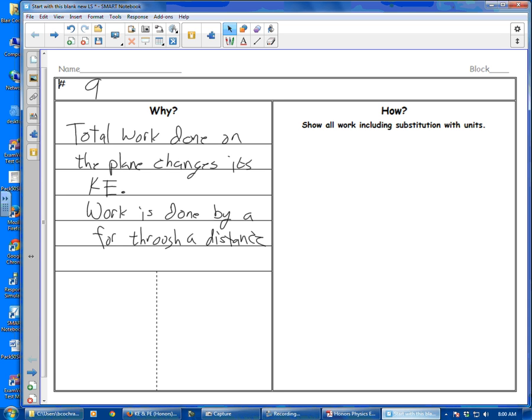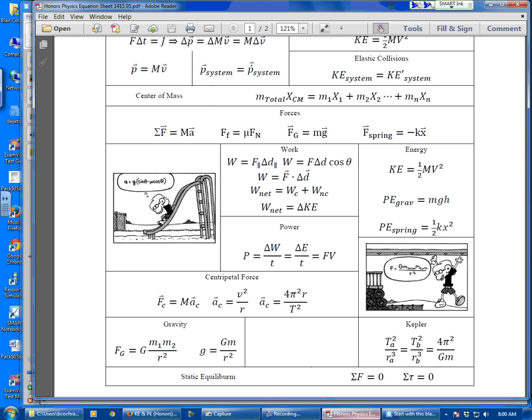In my how, I'm going to start off with that same idea, that the net or total work done is the change in kinetic energy, right from our equation sheet, W net equals delta KE.